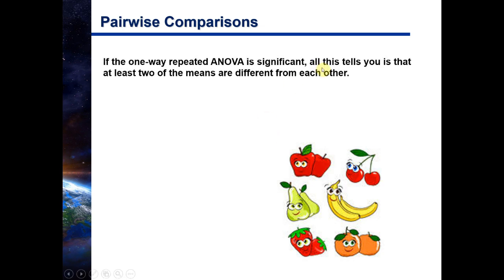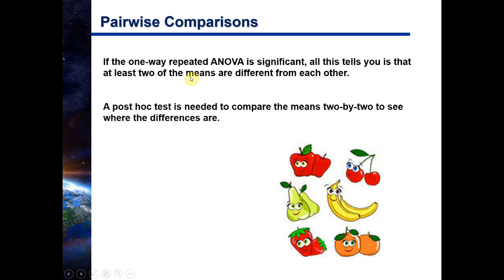So if the one-way repeated ANOVA is significant, all we know is that at least two of the means are different from each other. A post hoc test is needed to compare the means 2 by 2 to see which ones are different from each other.